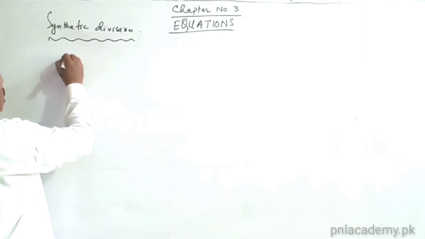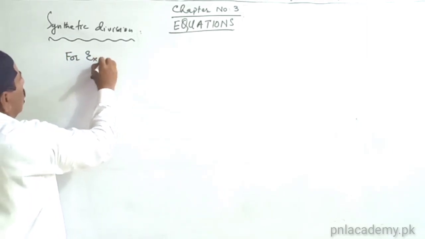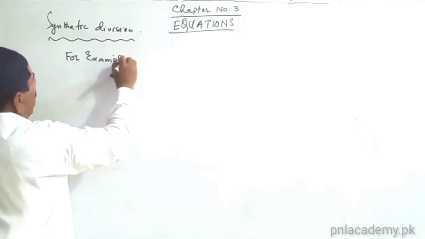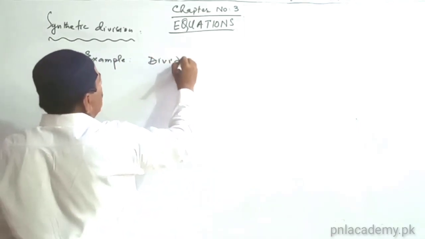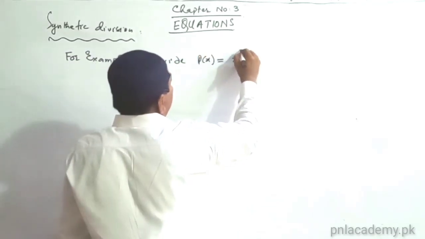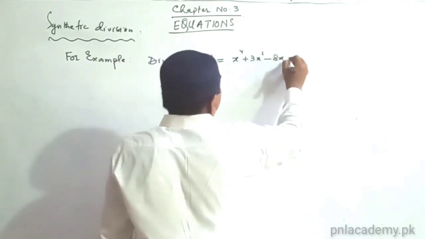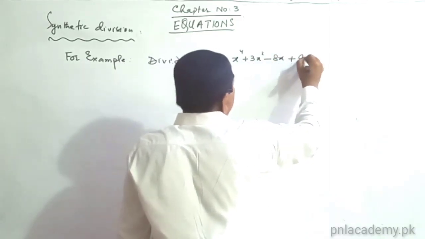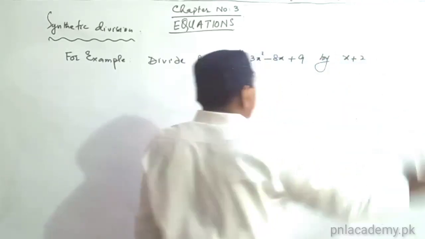Mathematically, for example, divide P of x is equal to x power 4 plus 3x square minus 8x plus 9 by x plus 2.